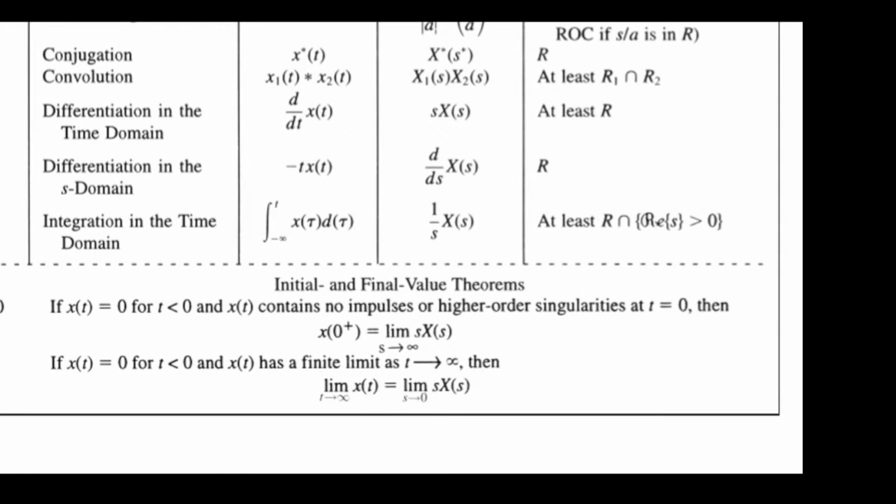Then you can calculate x of 0 plus by taking the limit of s times big X of s as s goes to infinity. And you can also find the final value of x of t as t goes to infinity, as the limit of s times big X of s as s goes to 0.